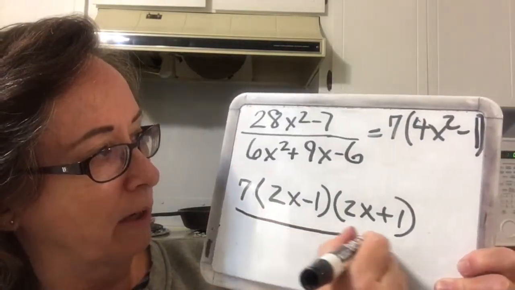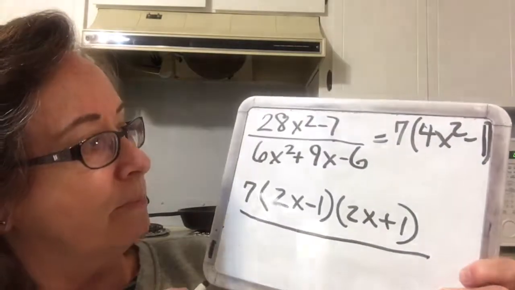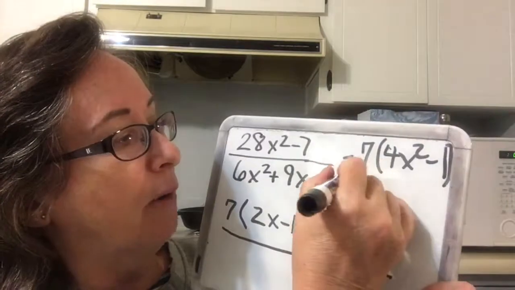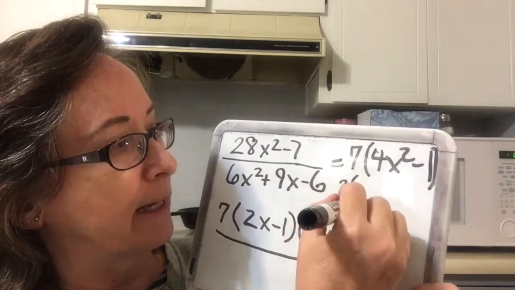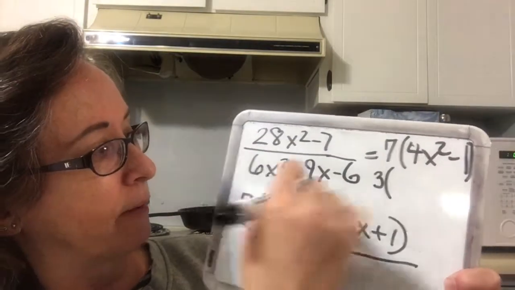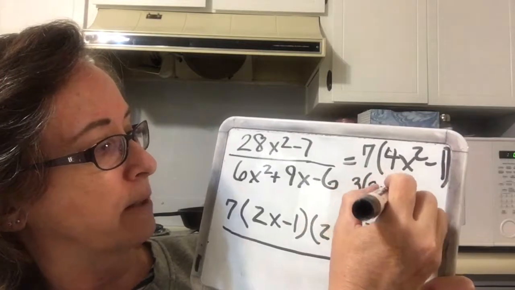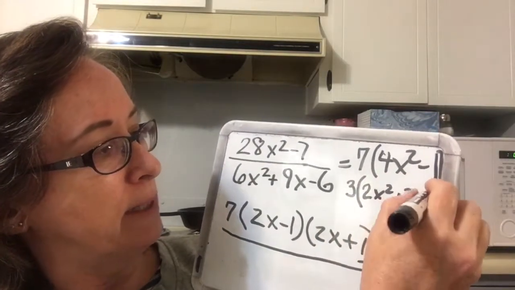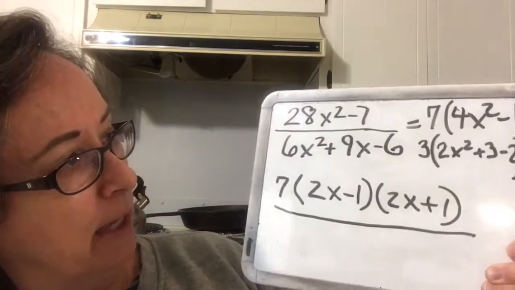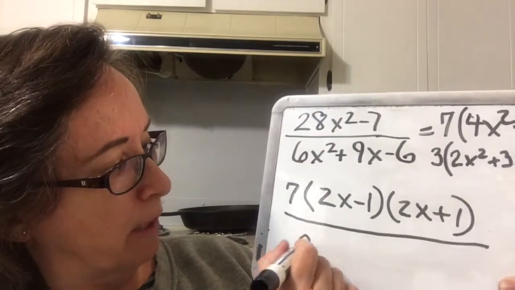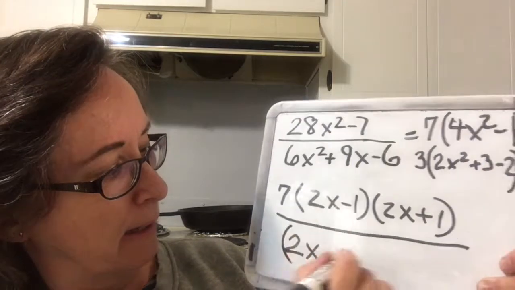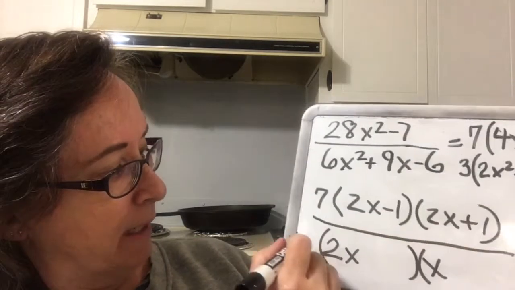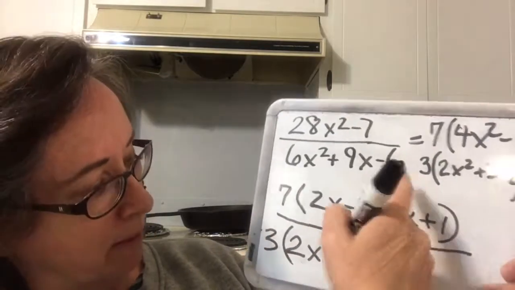Then I'm going to start working on the denominator. And the first thing I'm going to do is pull out a 3. I always want to make things just as easy as I can. I pull out the 3, and I'm going to get a 2x squared plus 3x minus 2. Okay, so when I go to factor, I'm going to have a 2x and an x here. I'm going to bring down my 3 so I don't lose it.